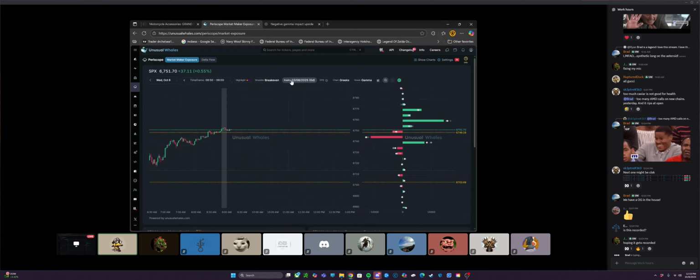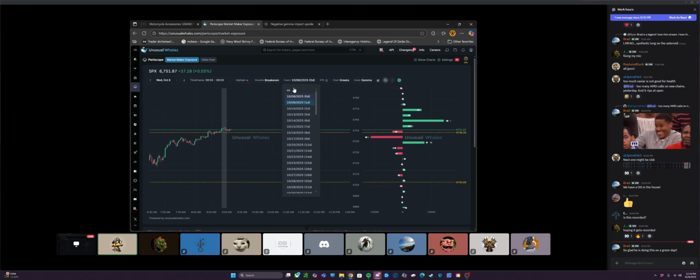Over here we have expiry, which just tells you the settlement time for the options that are being tracked. So you've got 1 day options, 2 day options, all the way out, as far out as they have options pretty much is what you can see. So all the way down to 2030. Again, I usually keep this on 0 DTE.